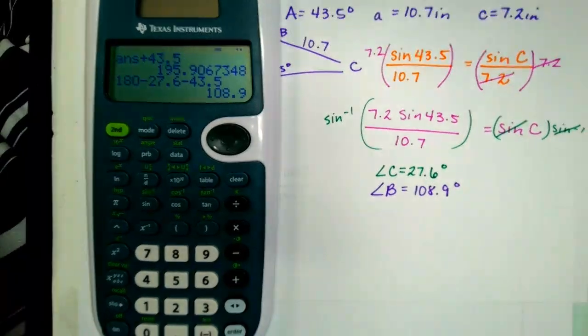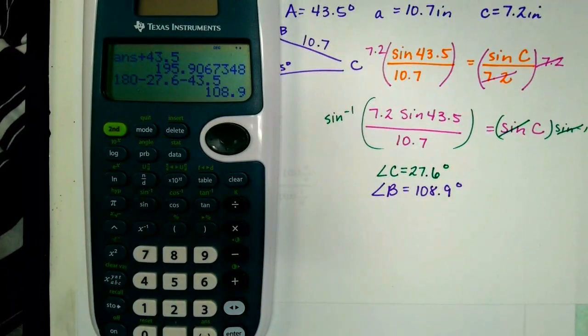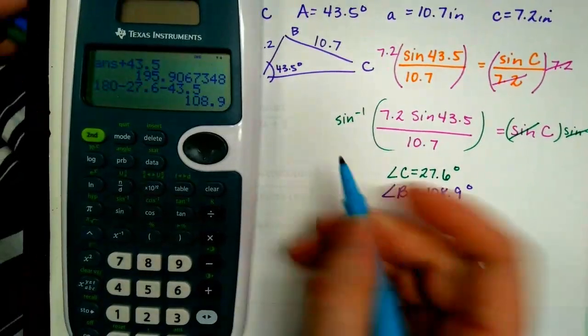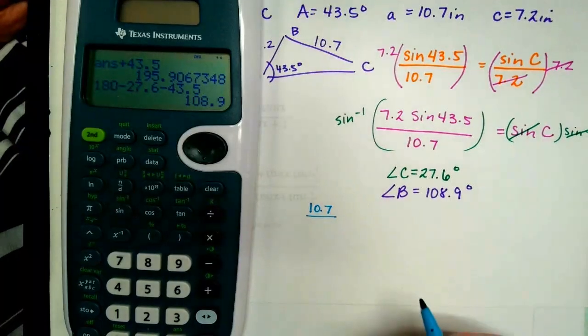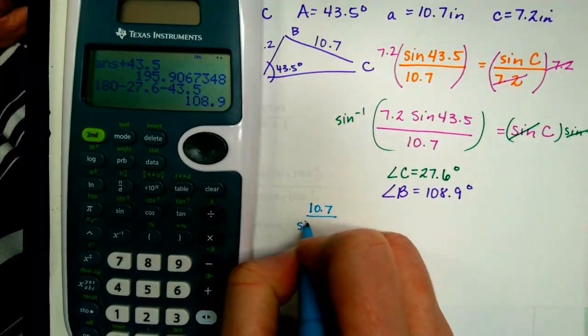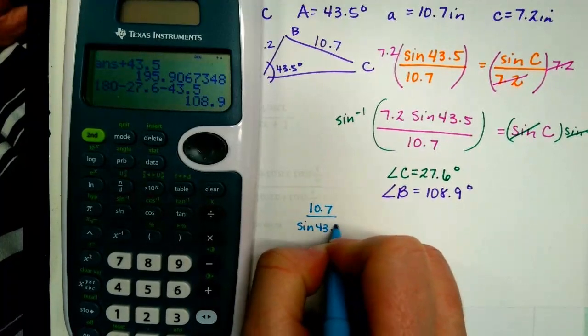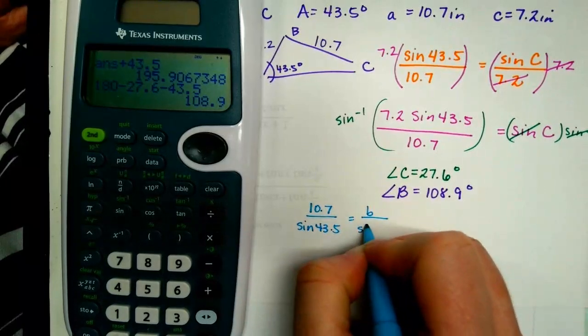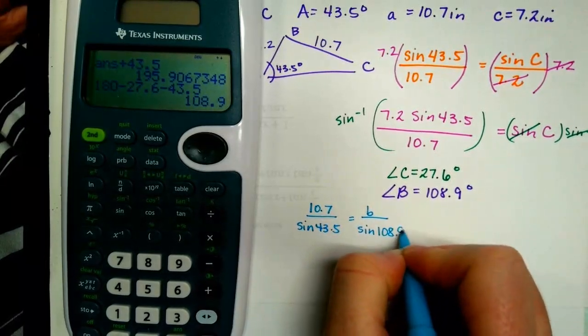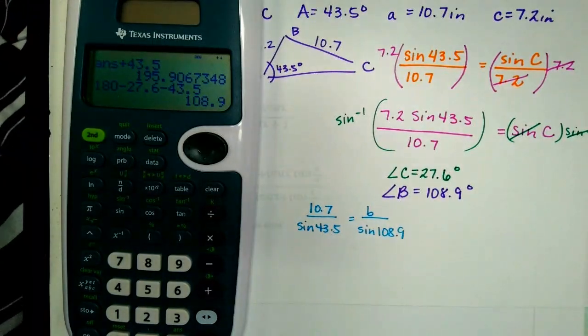Now I need to find side B. So since I'm looking for sides, I now put sides on top. I go back to the original ratio they gave me, so 10.7 on top of sine 43.5. That's going to give me little b over sine of 108.9.